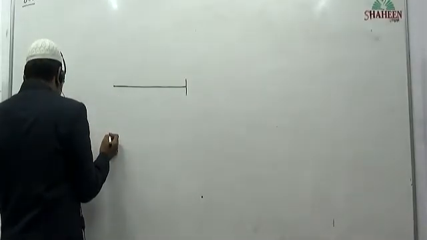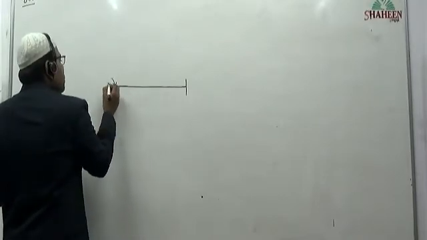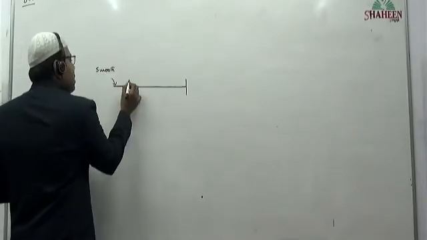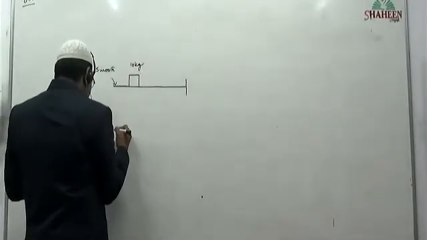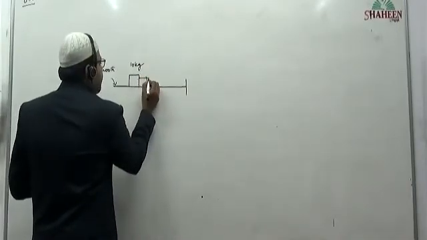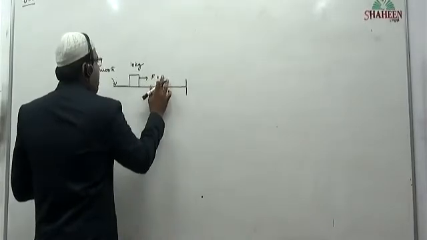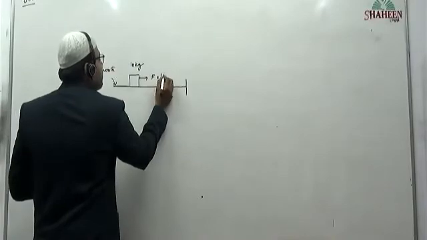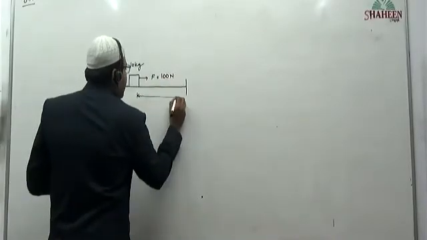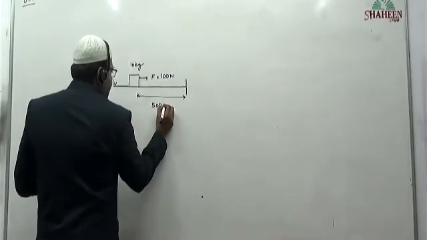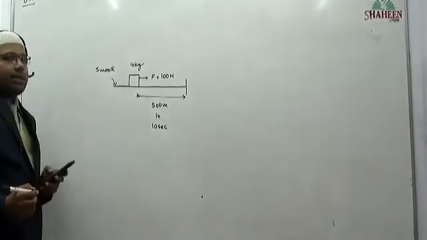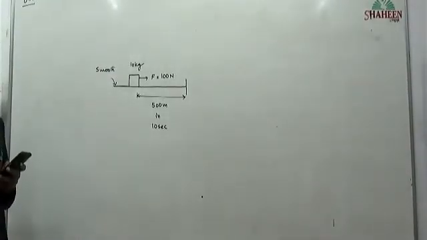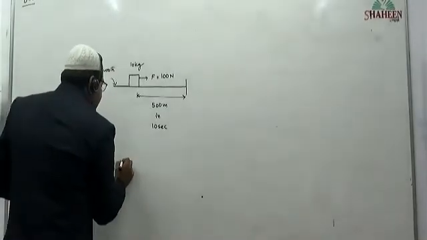From initial point, this motion is observed by three observers A, B, and C, capital A, capital B, and capital C, as shown in figure.